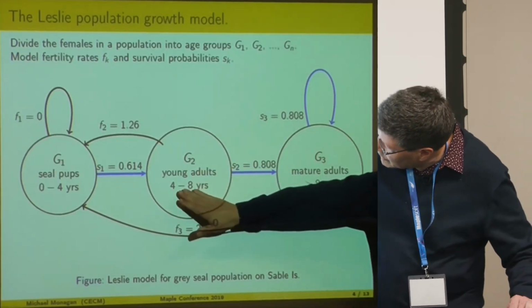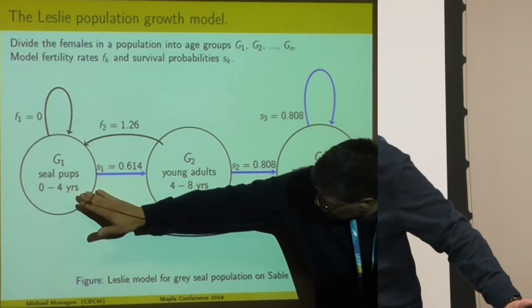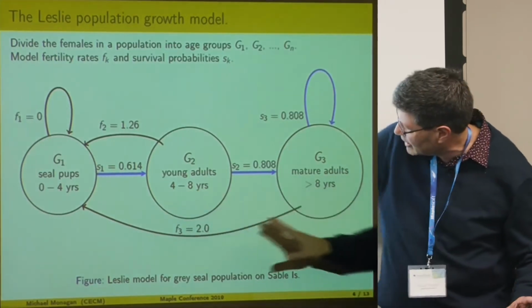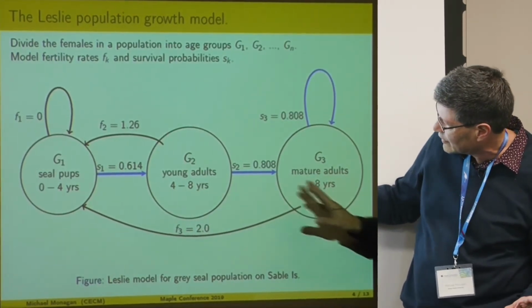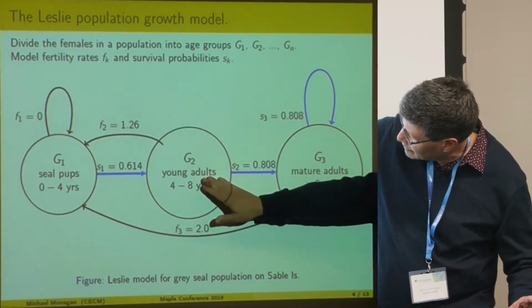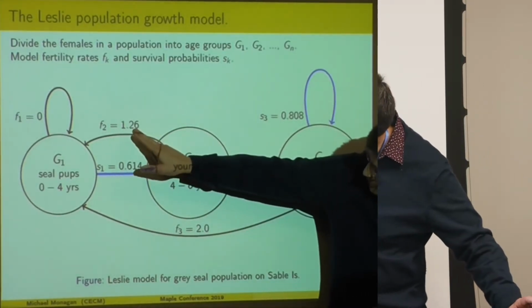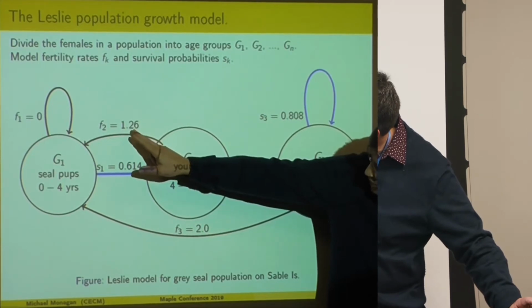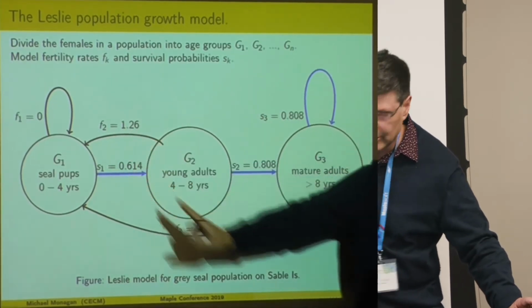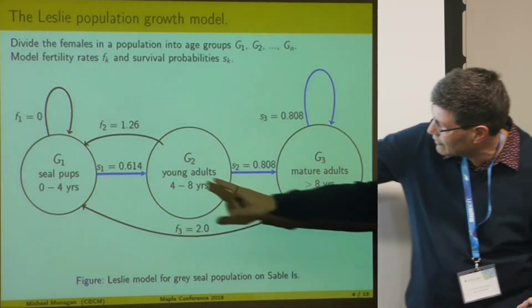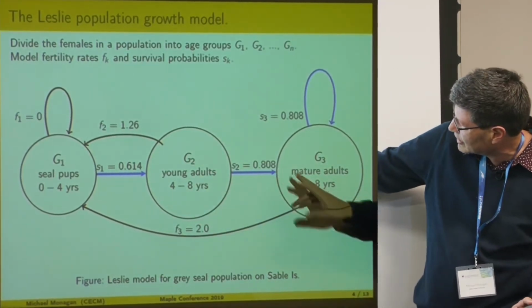Second age group, age 4 to 8 years. So the age groups are 0 to 4 years, 4 to 8 years, and greater than 8 years. These are young adult seals. Their fertility rate is 1.26 female babies per 4 years. Okay, and survival rate about 81%.